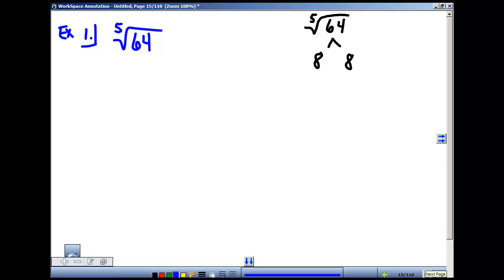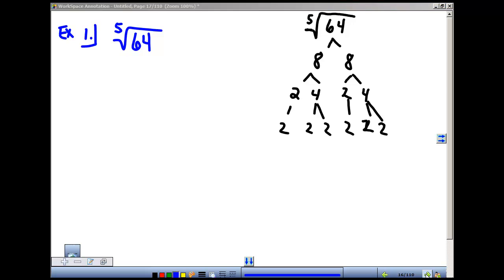First, we take 64 and we break it down into prime factors. Now, if I just wanted the square root, I could have stopped at 8 because there's already a pair. Break down 8 times 8 into 2 times 4 times 2 times 4. And I have 1, 2, 3, 4, 5, 6 2's.